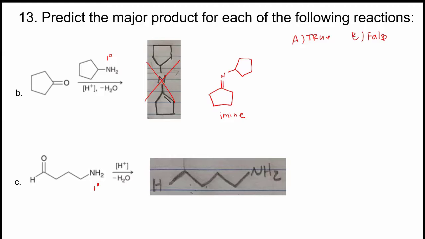All right, we've got a split pool. So half of you are answering true, half are false. And what we're expecting here is, if you have an aldehyde plus a primary amine, we should get an imine, which here we just have an amine. So this is not correct here.